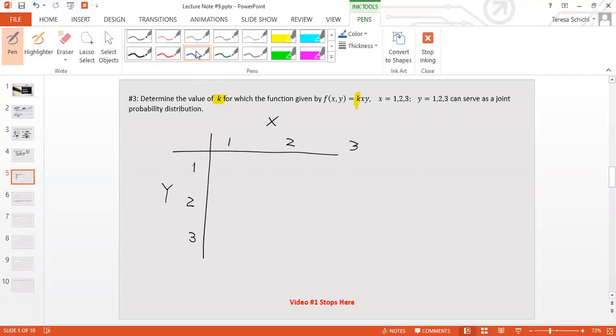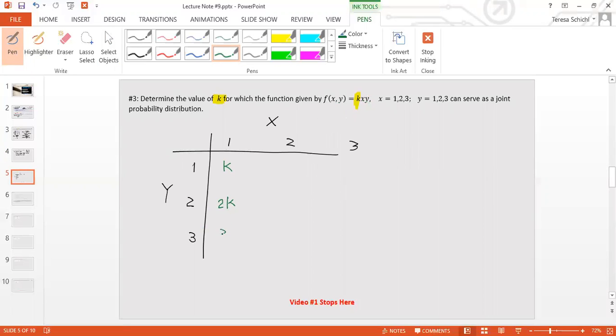Okay, so now let's take a look. For x equal to 1, y equal to 1, you put 1 times 1. So what is here? This is k, correct? Okay. So x equal to 1, y equal to 2, so 1, 2. This is 2k. X equal to 1, y equal to 3.